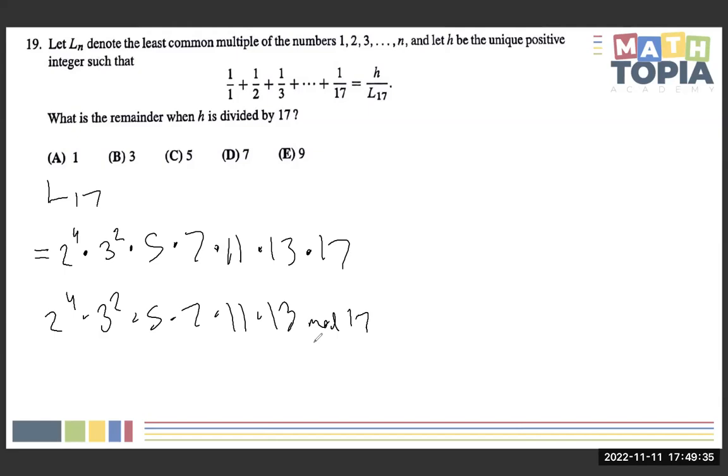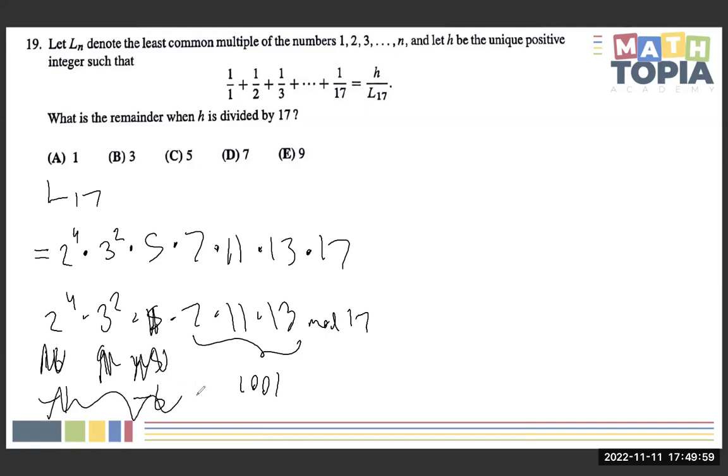Now you can just repeatedly multiply and take remainders until you get the answer. I'm going to try to do it the fastest way possible. 7 times 11 times 13 equals 1001. This is 16, this is 9. 9 times 5 is 45, and 17 times 3 is 51, so this is actually -6, and this is -1, which means that this whole product together gives us 6006.